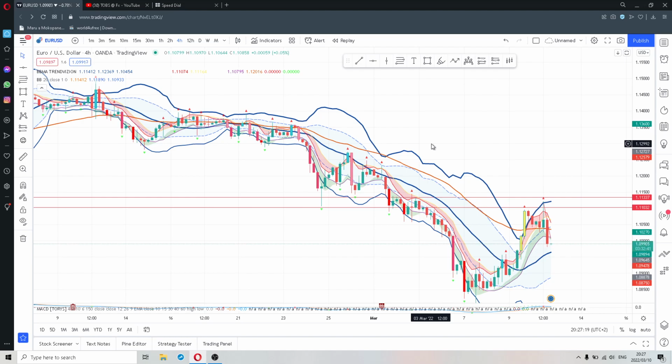Because remember, if you don't avoid some of these trades, you are going to be a loser more than you are a winner. So if your strategy can make you avoid trades, then you have a good strategy, guys.